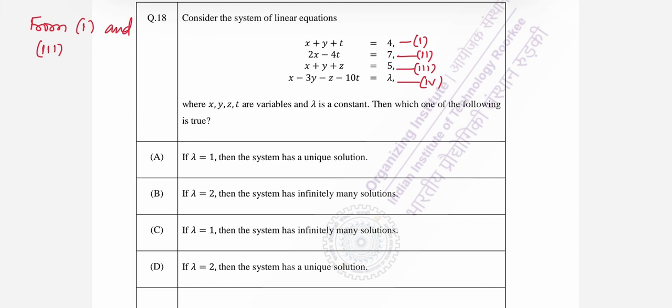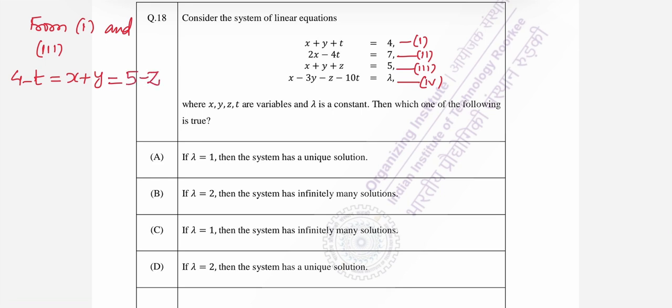Okay, from first and third we can write x plus 4 minus t equals to x plus y. This comes from the first, and from the third we have 5 minus z.